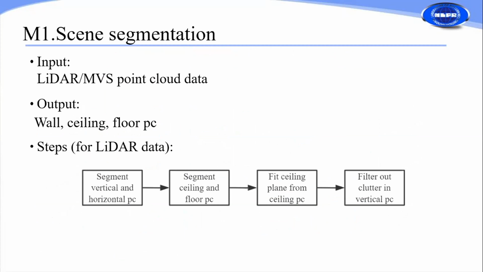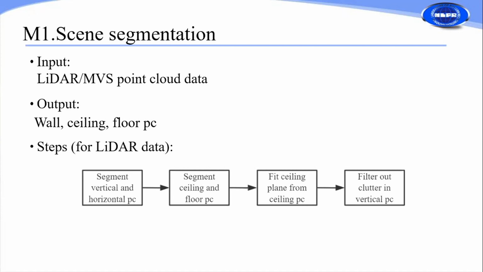For LiDAR point clouds, we mainly use normal information and other geometric information to complete the segmentation. And for MVS point clouds, we make full use of the rich images and segment the scenes by combining a 2D segmentation network and 3D energy optimization.